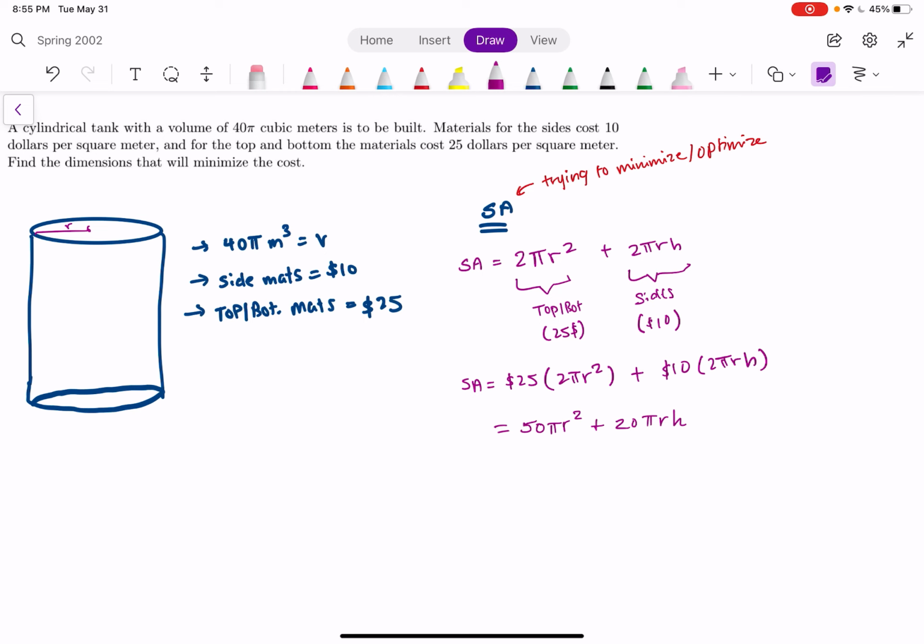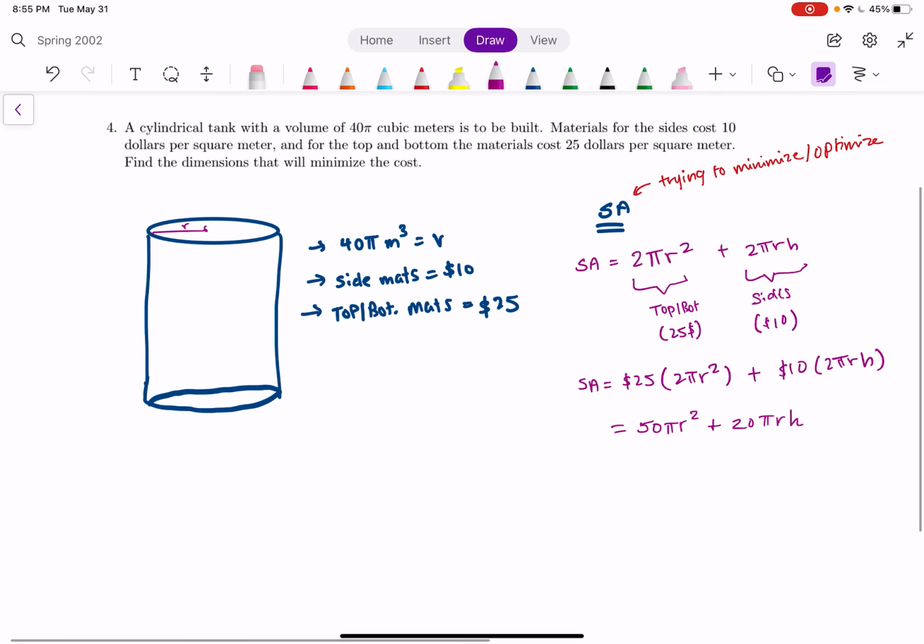Fair. The next thing we're going to do is backtrack a little bit and look at what the volume means, because that's our given value at 40 pi meters cubed. What can we do with that? I know that the volume of any cylinder is equal to pi times the radius squared times h, with h being this height right here.